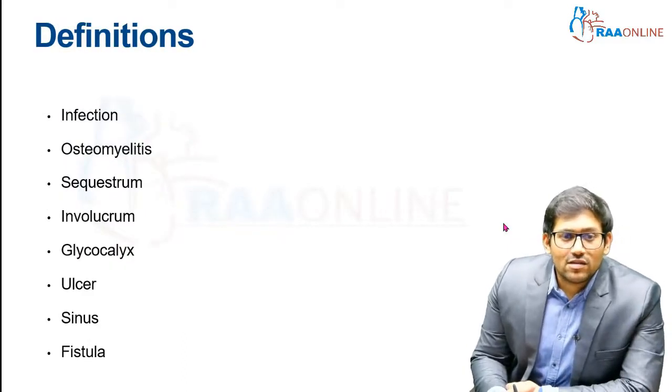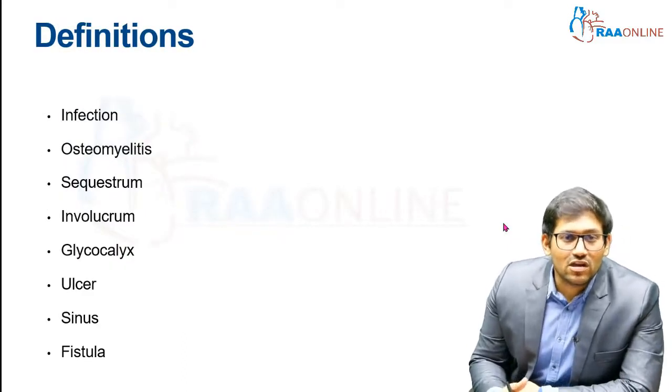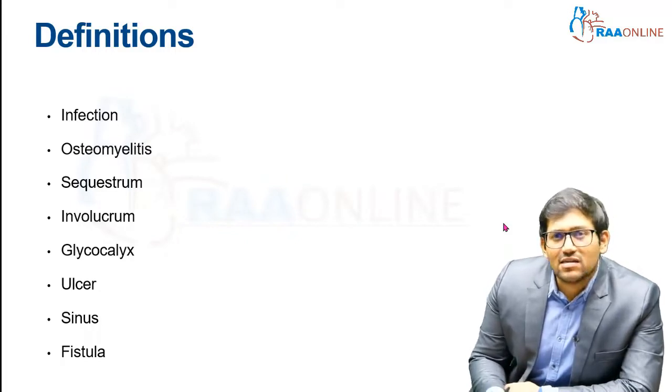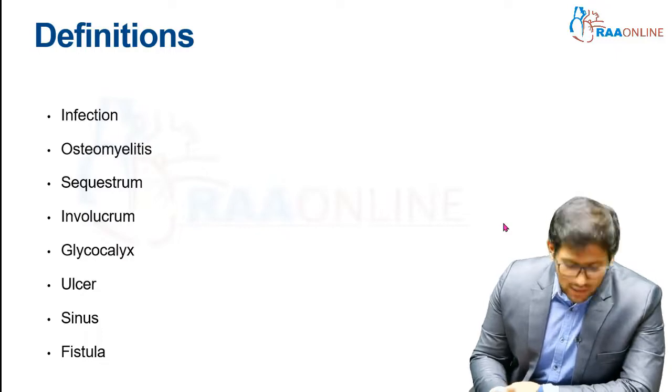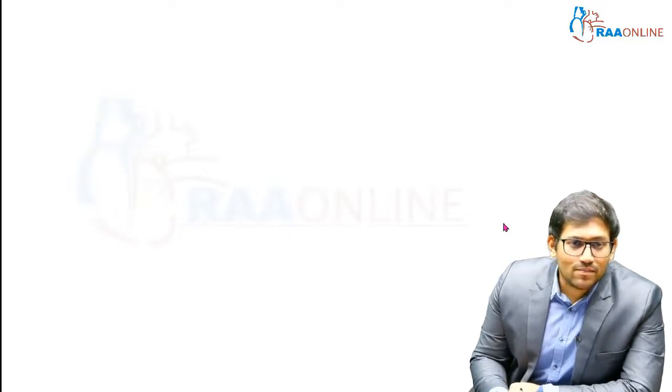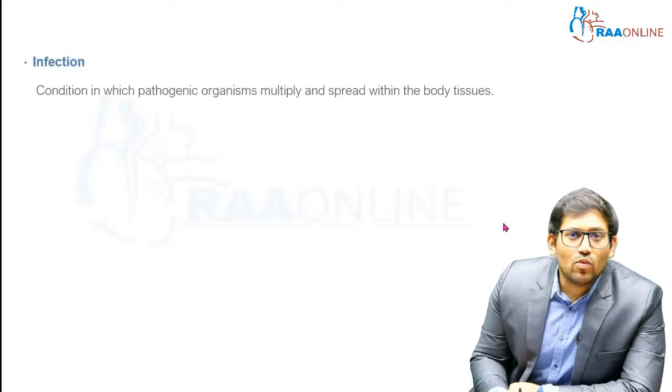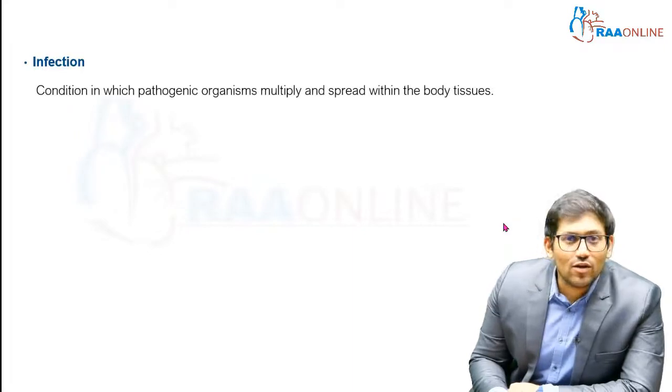Going on to the definitions, you can see a huge list of words written over here. But each one of them doesn't tell you that same word called infection. It has a lot more to it. So let us go in one by one. What is an infection? When do you call that a patient has an infection?